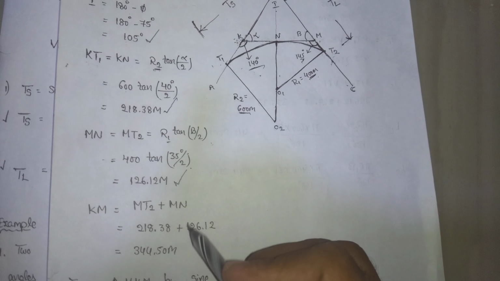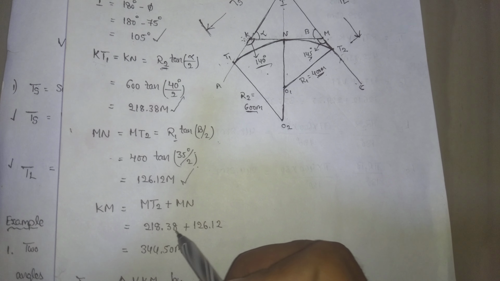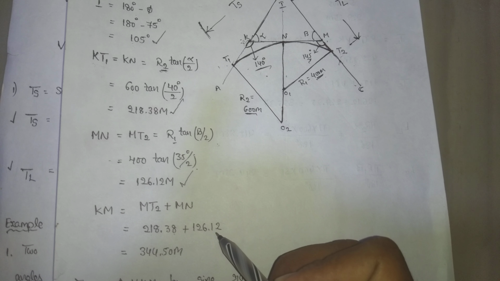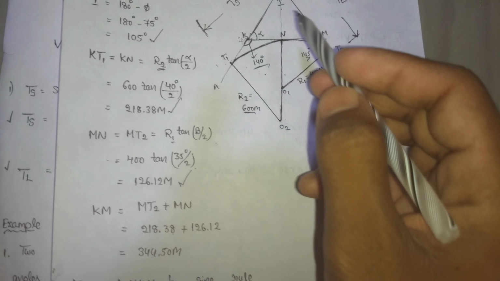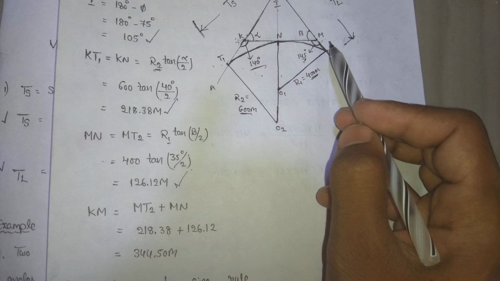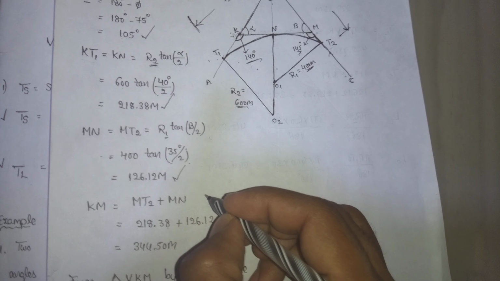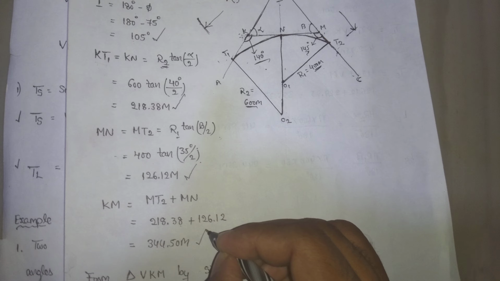So, 218.38 plus 126.12; KT1 is also written as MN. Finally we get 344.50.